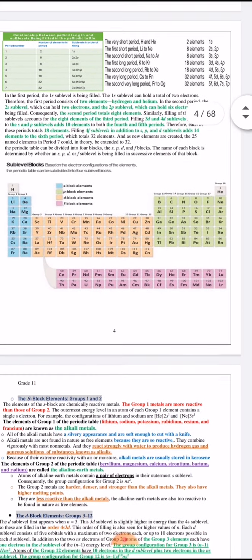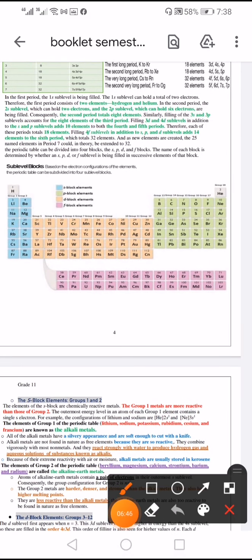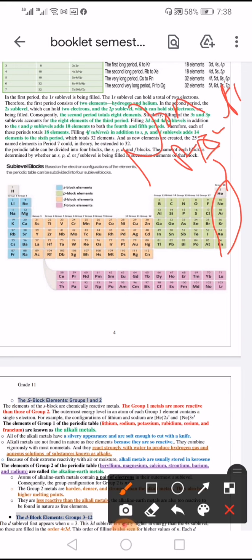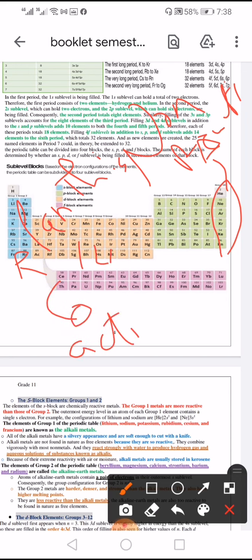So first discovered were the noble gases, which are totally non-reactive, and then the lanthanides and actinides.